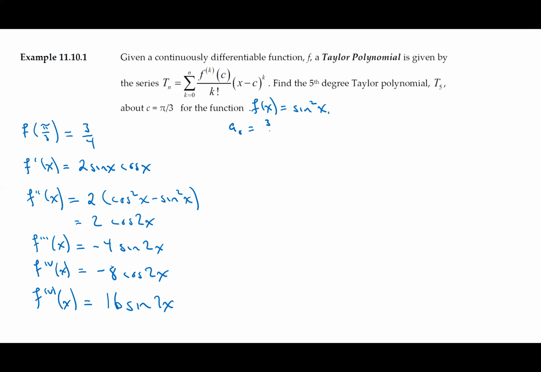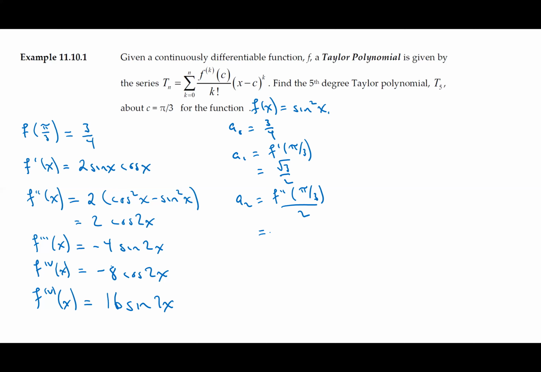a0 is 3/4. a1 is f prime of pi thirds, which is going to be, well, sine of pi thirds is root 3 over 2 times 1/2. That's root 3 over 4. And then we have f double prime of pi thirds all over 2, which is what?